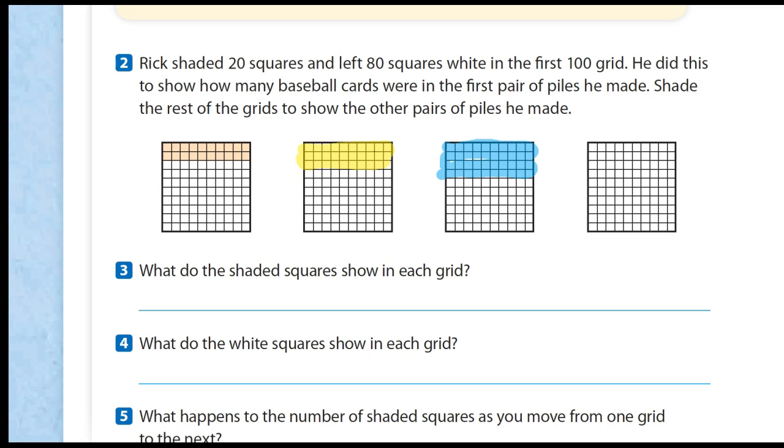So if it's 50, how many am I going to color in? 5 rows. One, 2, 3, 4, 5. Boom.